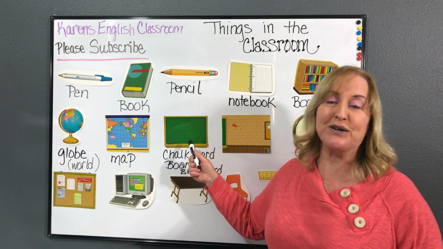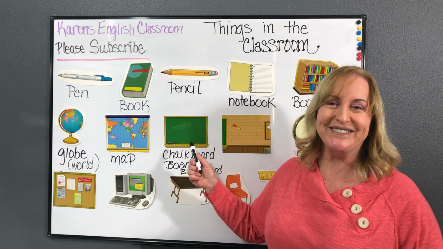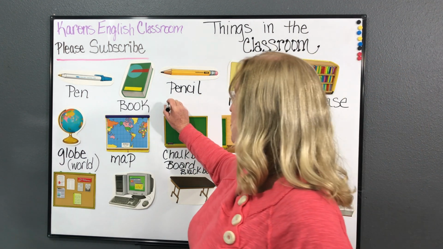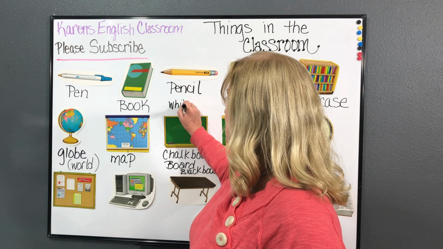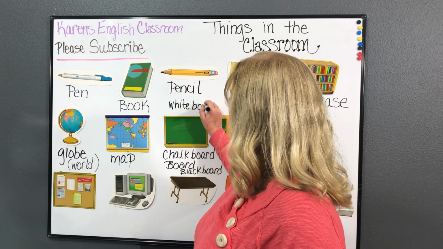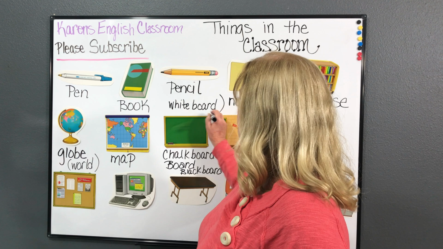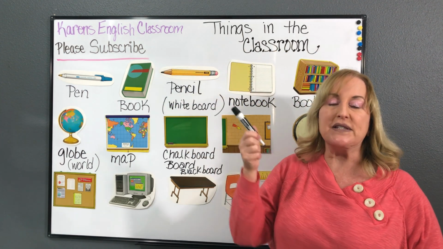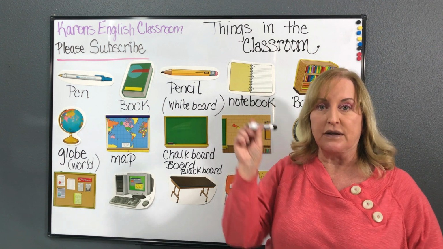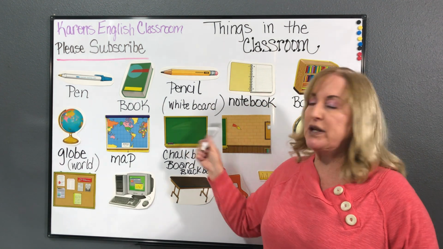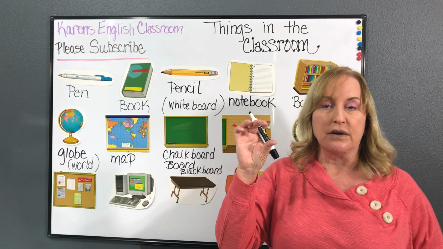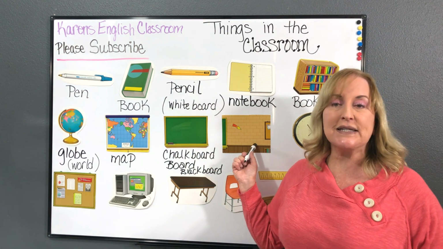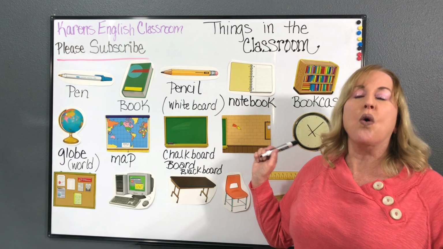This one is green, so green board, but we just say board. Now, the one I'm working on right here is white, so whiteboard. This is the one we use the markers with. This one you use chalk.